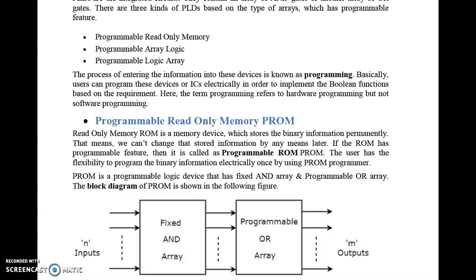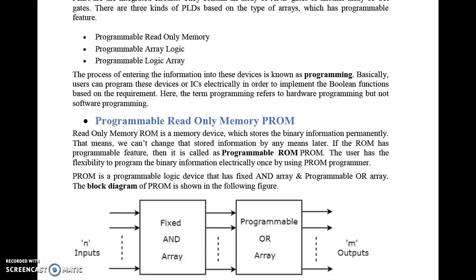That means we can't change that stored information by any means later. If the ROM has a programmable feature, then it is called a programmable ROM or PROM. The user has the flexibility to program the binary information electrically once by using a PROM programmer.